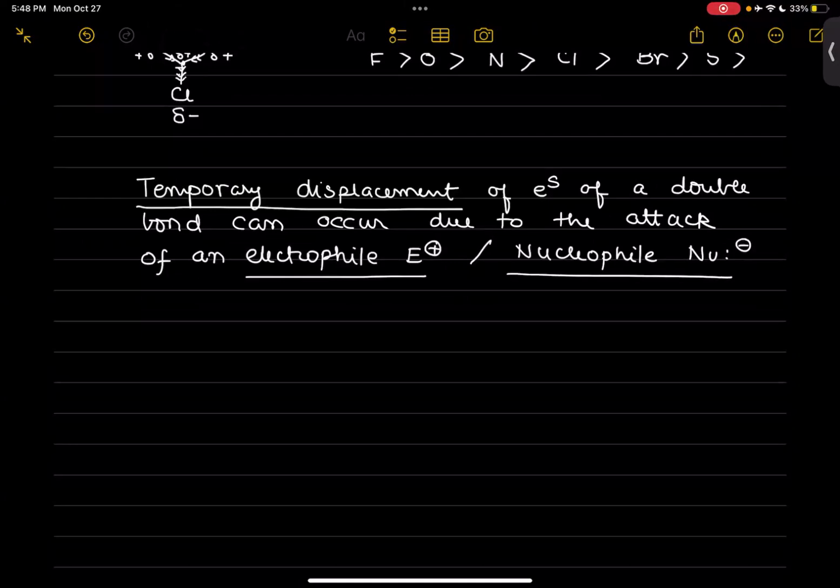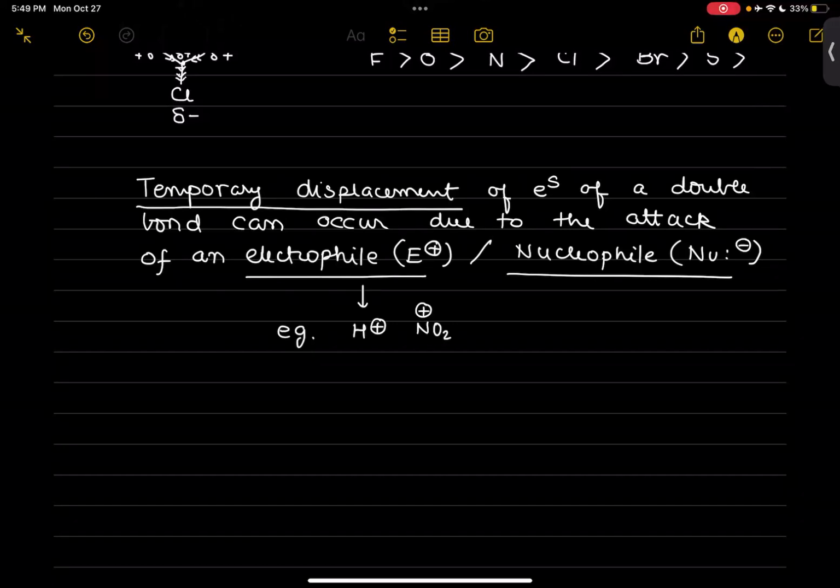So what is an electrophile? Generally it is represented by E plus. It is known as an electron loving species. Examples are H plus, NO2 plus, CH3 plus.